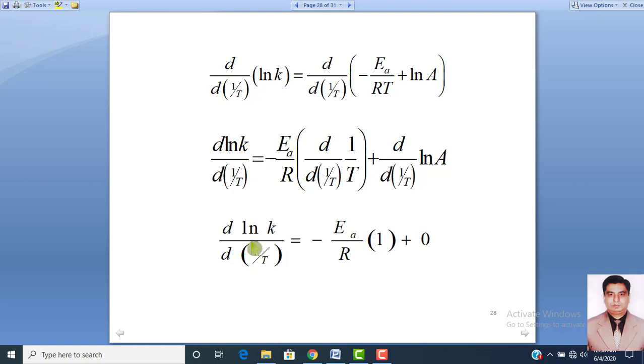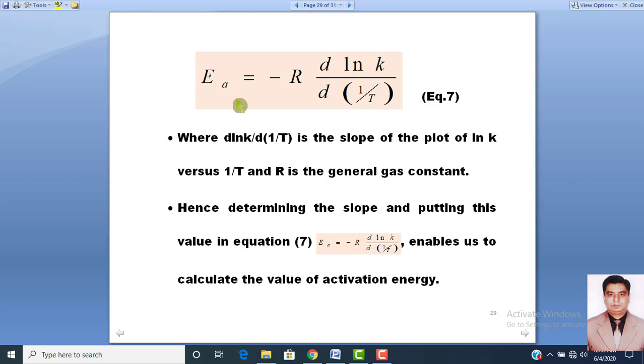So d log natural k over d1 by T will be equal to minus Ea over R. You can write this as equation number 7, according to which energy of activation is equal to minus R d log natural k over d into 1 by T. According to equation number 7, this d log natural k over d1 by T is the slope of the plot of log natural k versus 1 by T, and R is the universal or general gas constant.